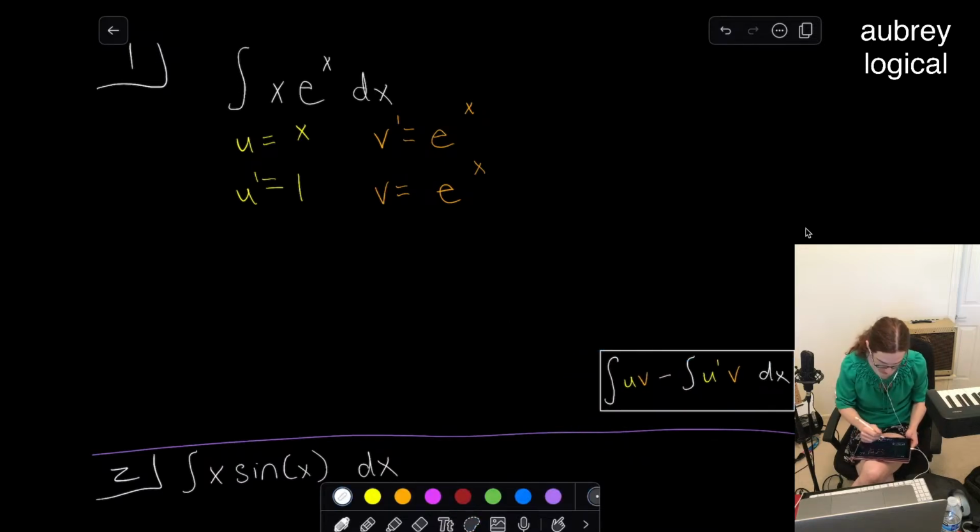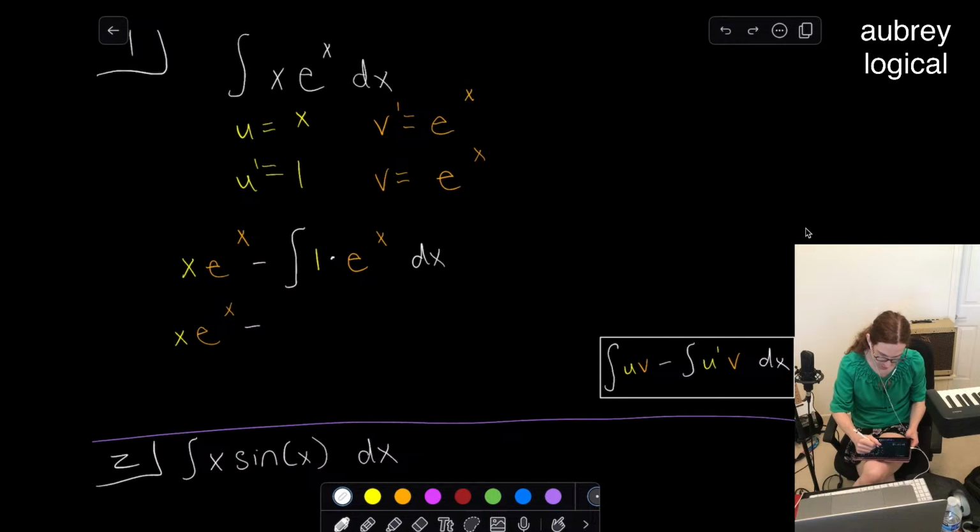So now we just plug into this formula. We're going to get x times e to the x minus the integral of u prime multiplied by v times dx. So this simplifies to e to the x.